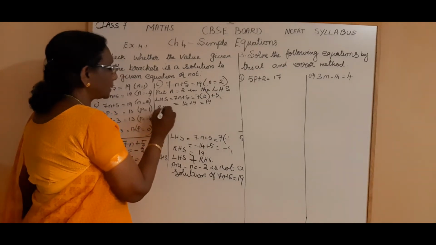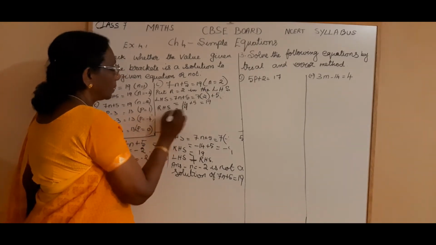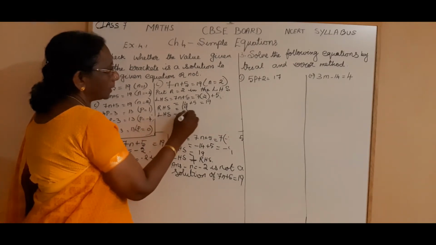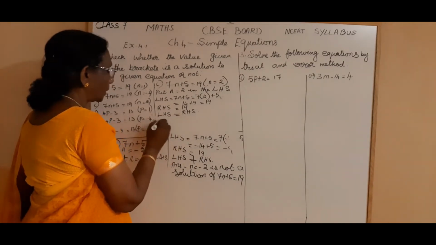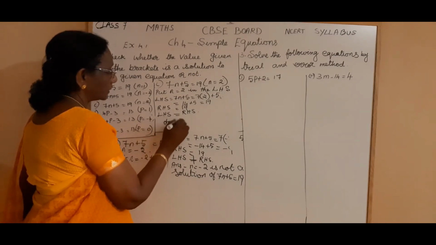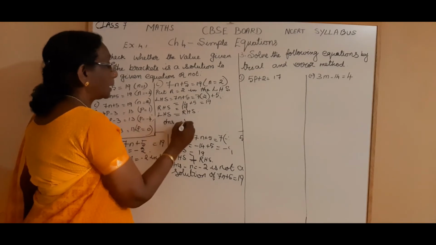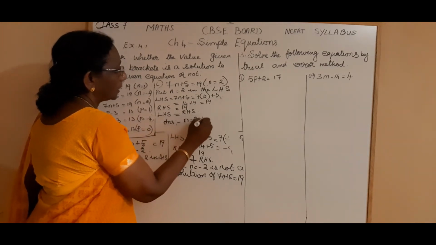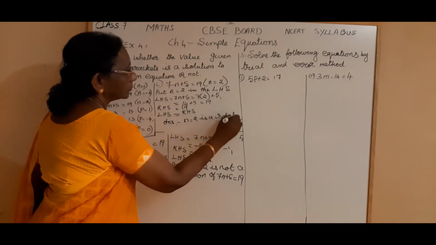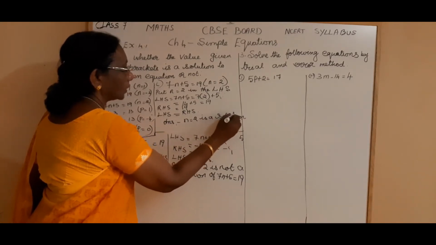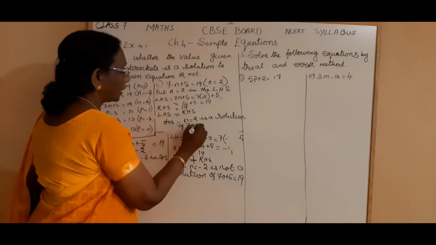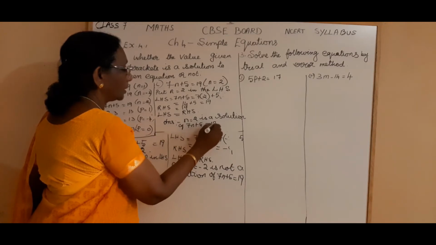So RHS is also 19. So here LHS is equal to RHS. Therefore, what is the answer? n is equal to 2 is a solution of the equation 7n plus 5 is equal to 19.